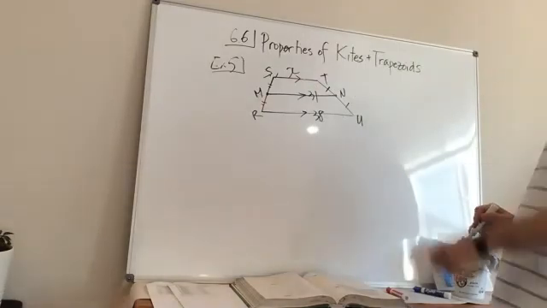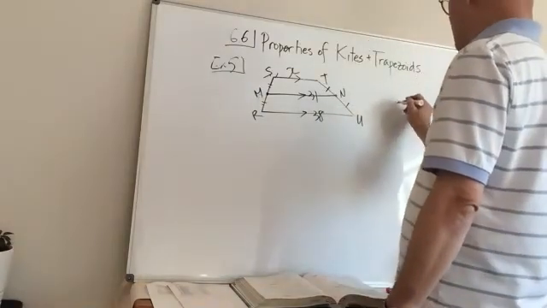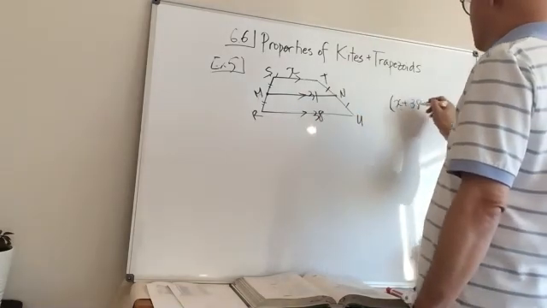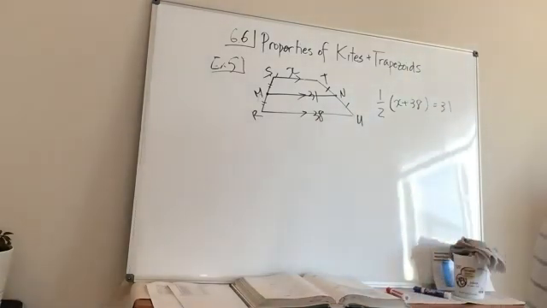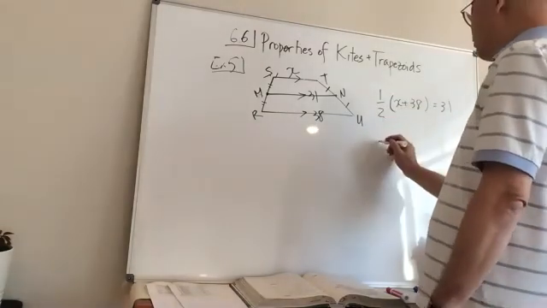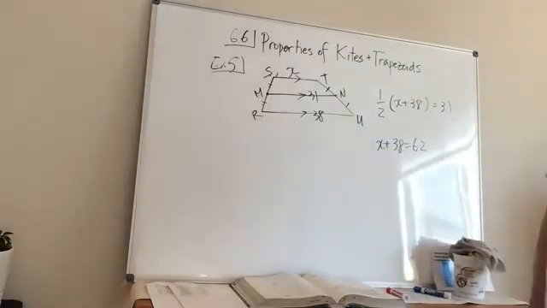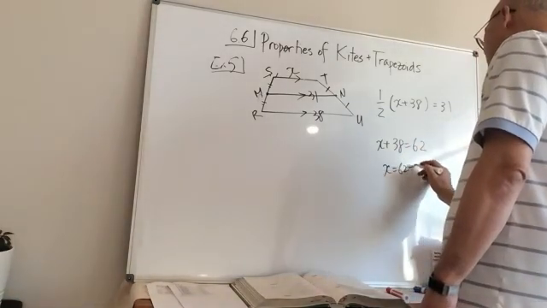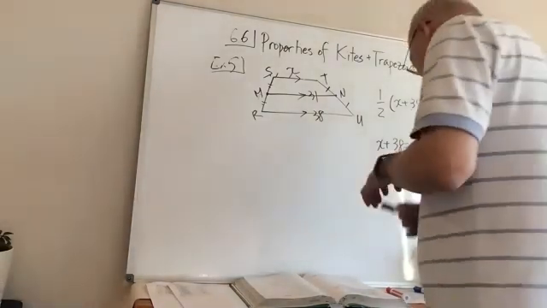So if I use the mid-segment theorem, I know that x plus 38, the two bases, if I add and divide it by 2, I'm going to get the 31. So to do this, I would multiply both sides by 2, and I would get that. I move the 38 over, I get 62 minus 38, 24. So my answer would be 24.